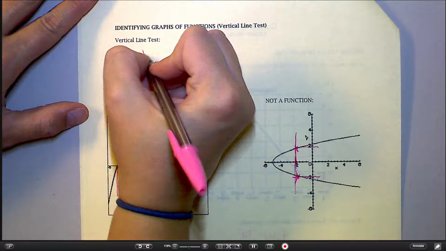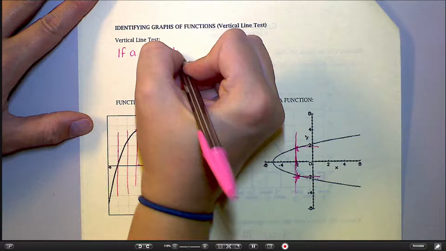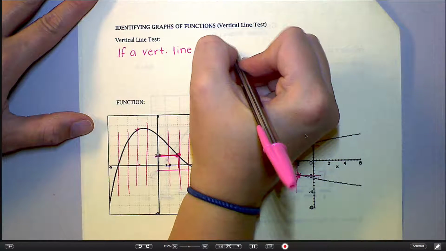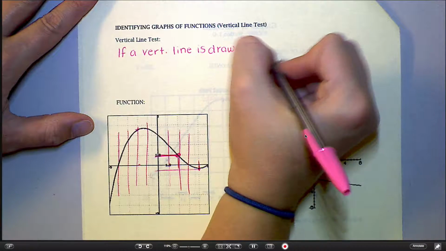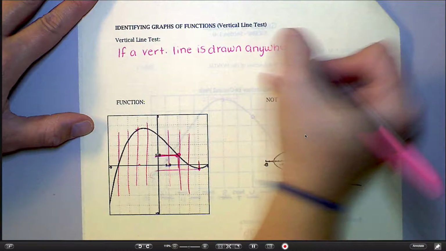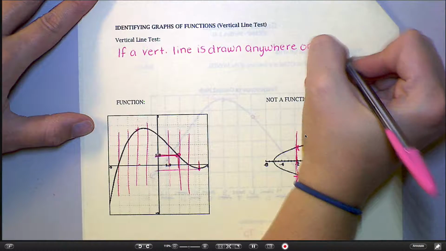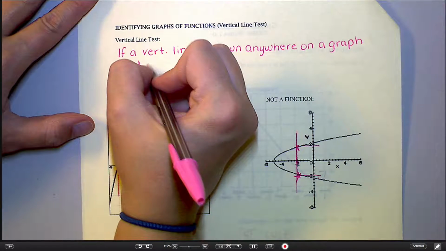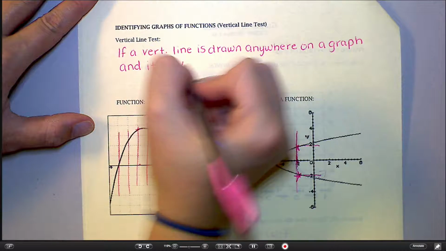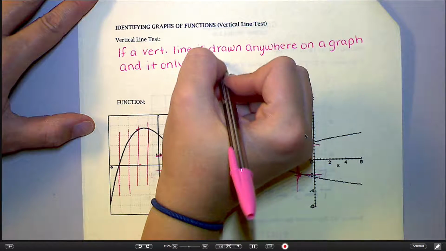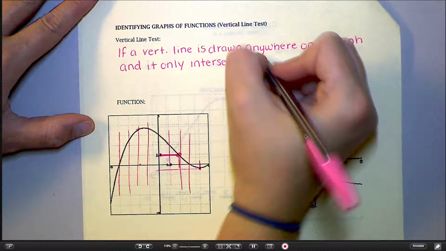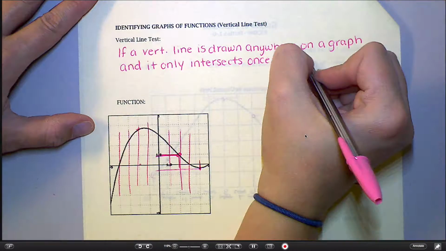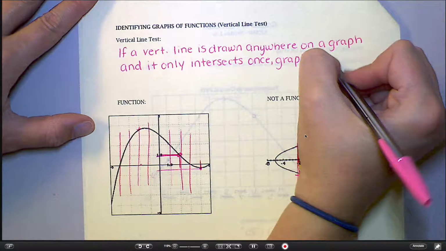If a vertical line is drawn anywhere on a graph, and it only intersects the graph once, the graph is a function.